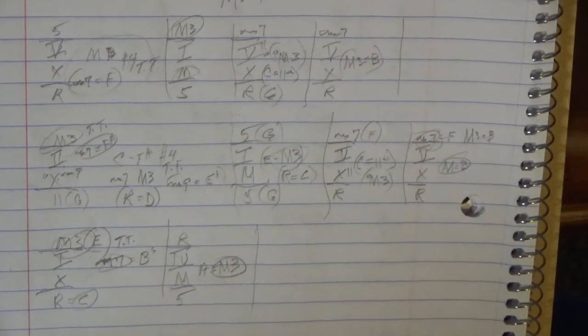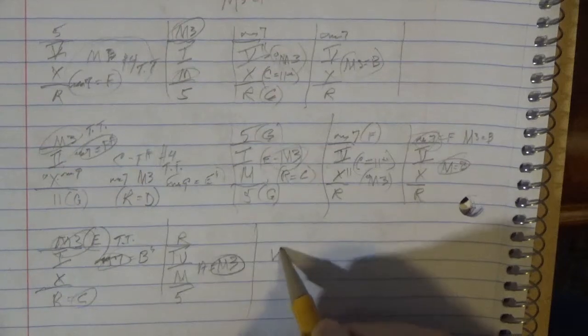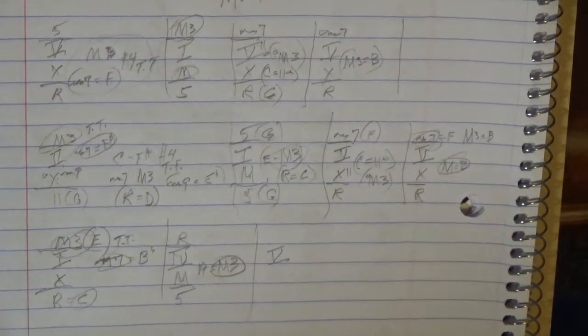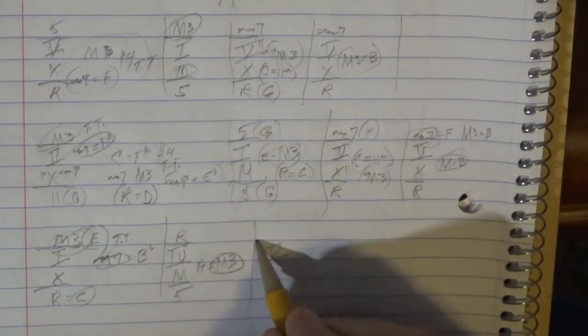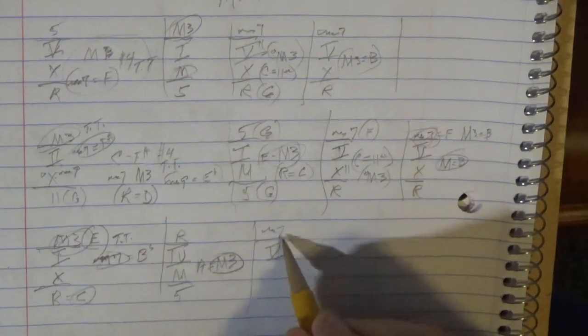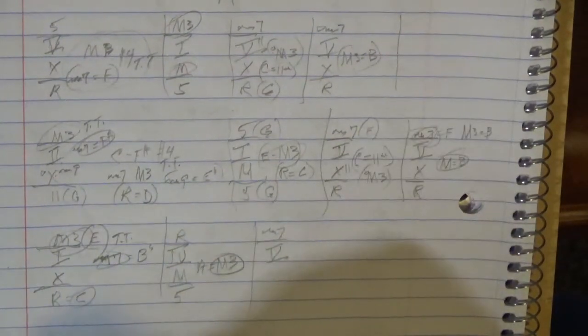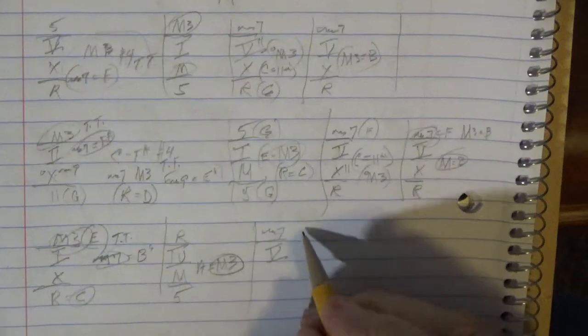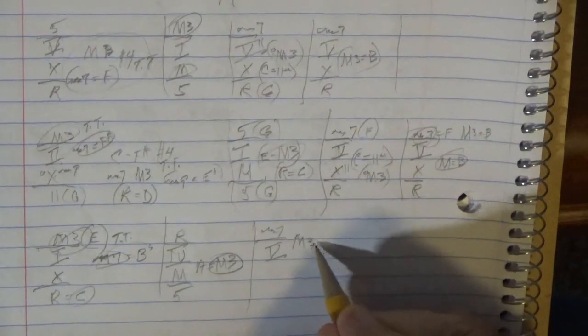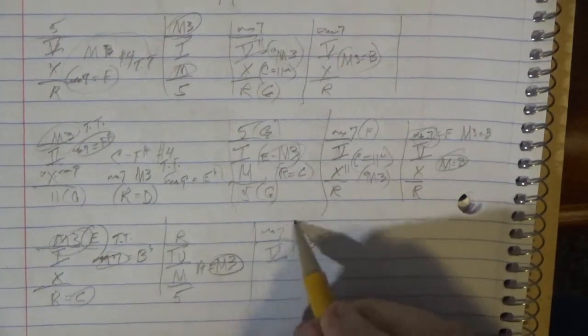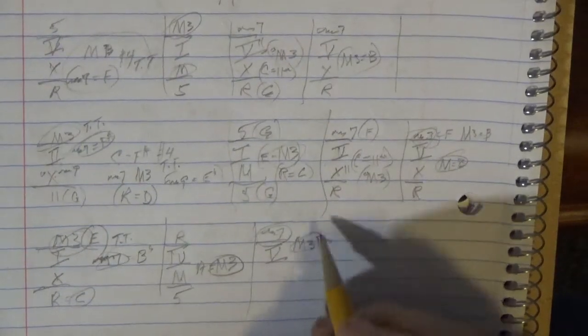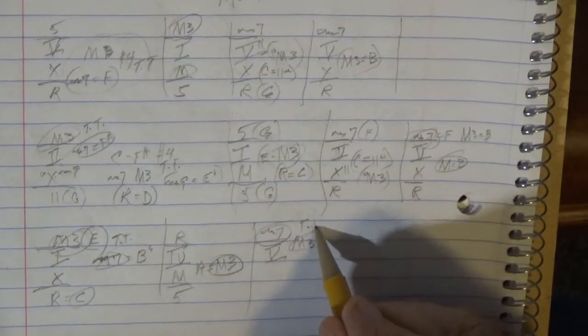Then 4 goes up to 5. And 5, you got a seventh on top, the minor seventh. And you've got a major third, which is B. Major third, B. And the minor seventh and the major third is your tritone of the dominant. Okay.